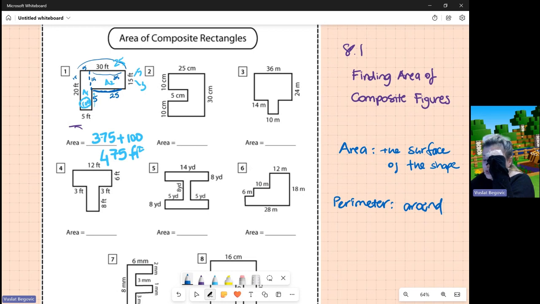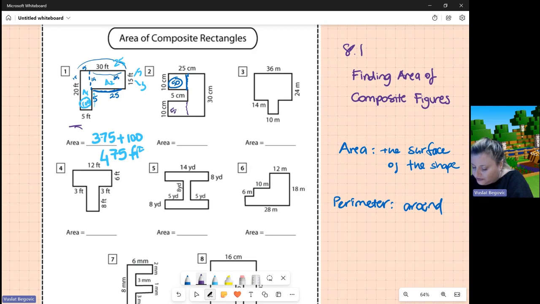Here, I do see 3 shapes, but it depends on how I see these shapes. I would like to make this a shape like this, because it's easy. Then 10 times 5 is 50, and I find this area here. Now I am finding the other shape. I do the same thing. This is 5 too, and this is 10.